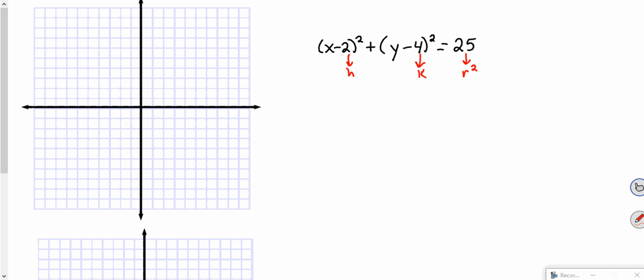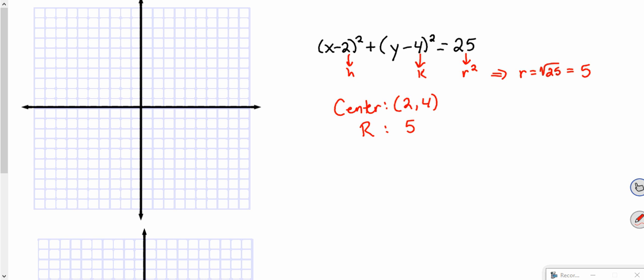So that means that r equals the square root of 25, which is 5. And my center is (h, k), which is (2, 4). Radius is 5. So that's what I'm drawing.